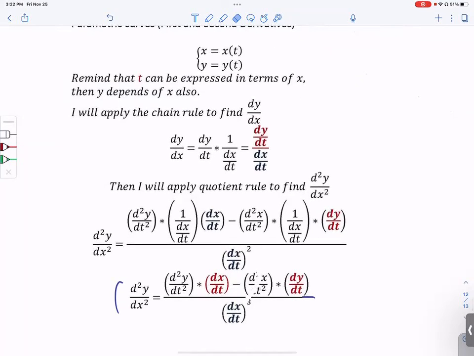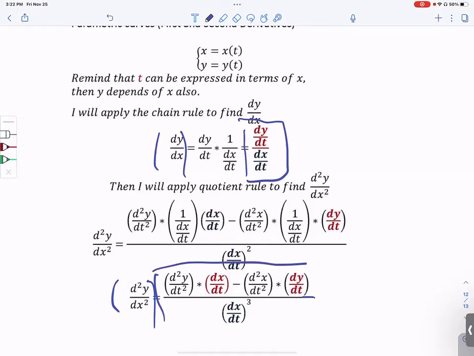Okay, when you want to find the first derivative, you can apply this formula directly, and this other formula is for the second derivative. Thank you.